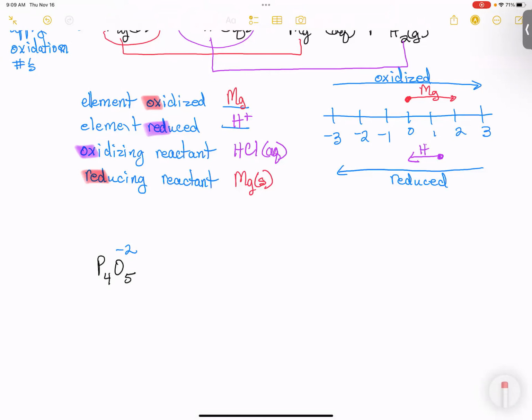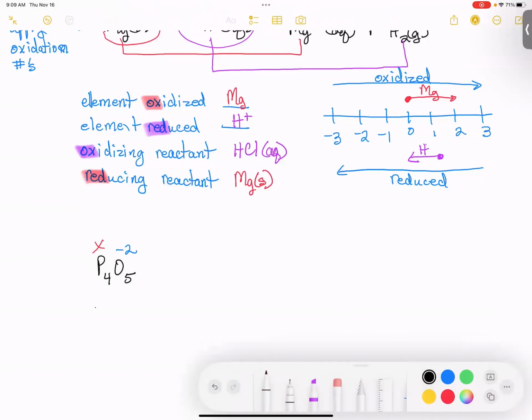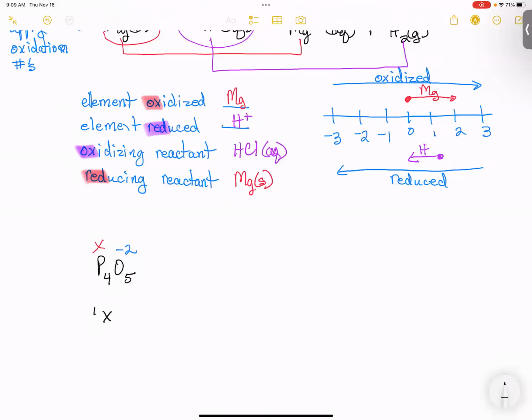And then you go to rule number 6 before you even get to phosphorus and you find there's no rule about phosphorus. That means you're going to have to calculate phosphorus's oxidation state. So there is 4x minus 10, and that is equal to 0. 4x equals 10. X therefore equals 2.5.